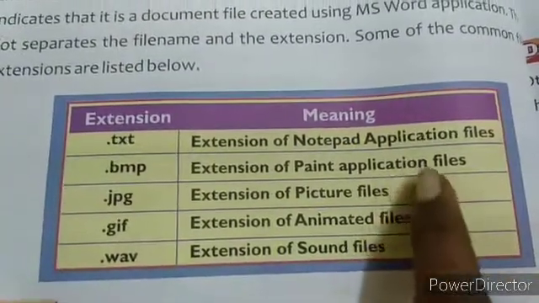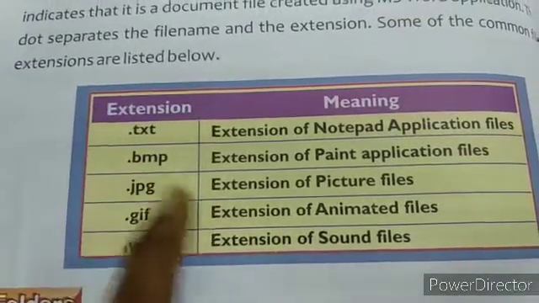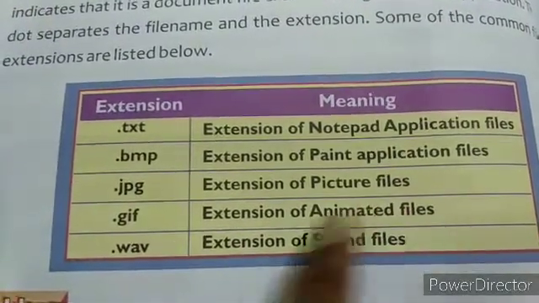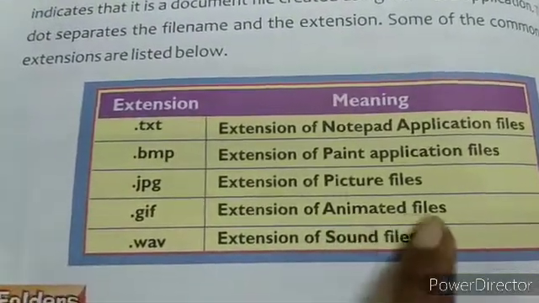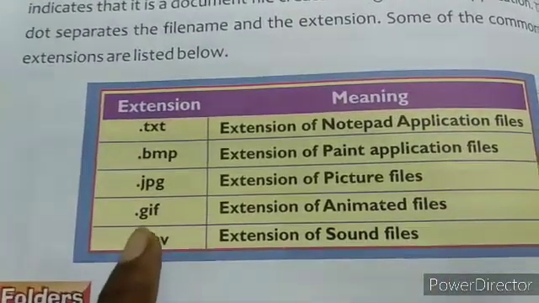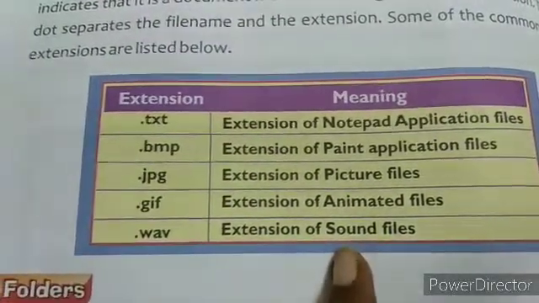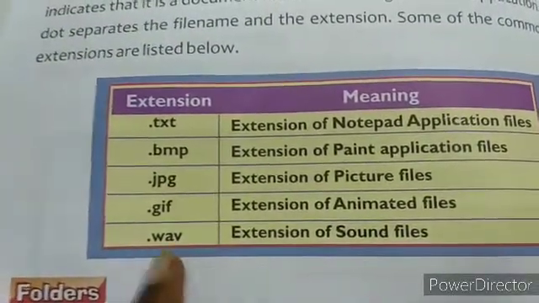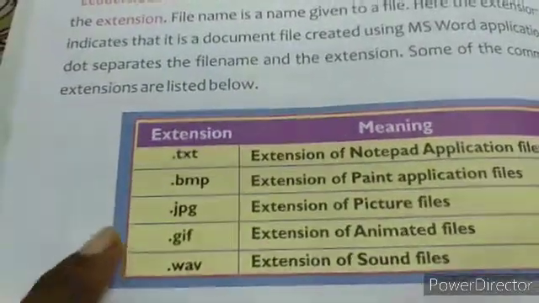If you store a Paint application file, it is BMP. If you store a picture file, it is JPG. The extension of animated files is GIF. If you store a sound file, it is WAV. So these are the extensions for the files.